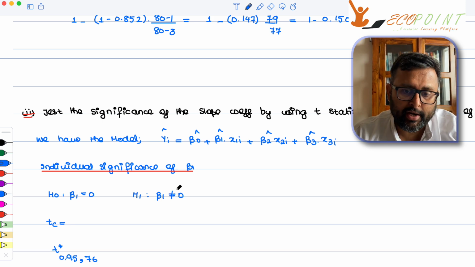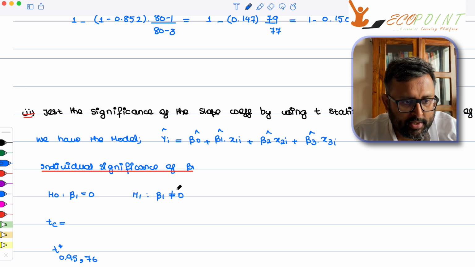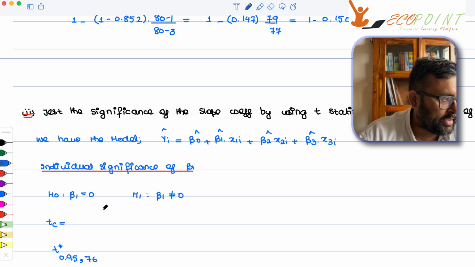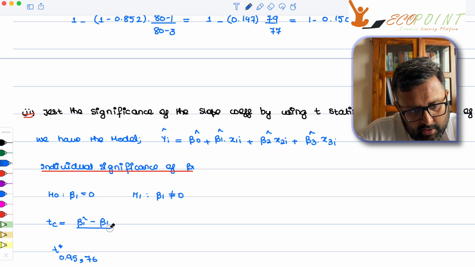When you test for individual significance, you say that individually it is not significant. Not significant means 0, right? But if it comes out to be significant, that means it is not equal to 0, right? Having written your null and alternative hypothesis, you will write the test statistic, which is beta 1 hat minus null of beta 1 upon standard error of beta 1 hat.